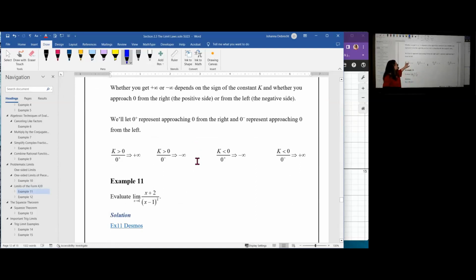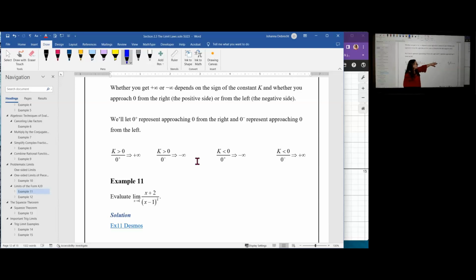If we have a positive constant like 5 over something getting close to 0, but from the right side of 0, positive numbers, then the ratio of two positives would tell us it goes to positive infinity. If the constant's a positive number, like 5, but we're approaching 0 from the left side of 0, they're all negative y values, then this must mean that the ratio of these turns out to be negative infinity, so the graph goes down forever.